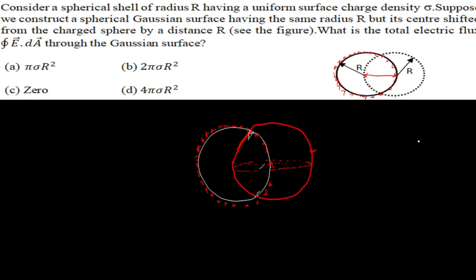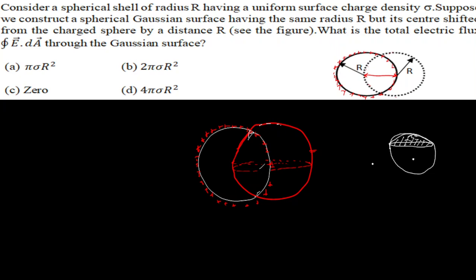Let me just draw another figure. Maybe from there you will get a clear idea. You see this portion? This portion behaves like a spherical cap, and it is inside this Gaussian surface. So you have to calculate the area of this portion.